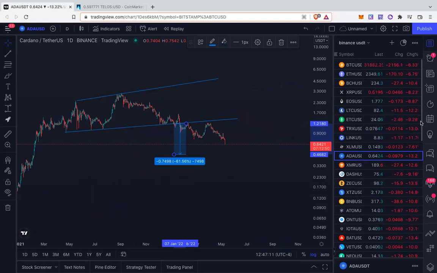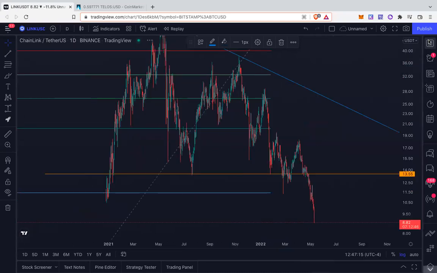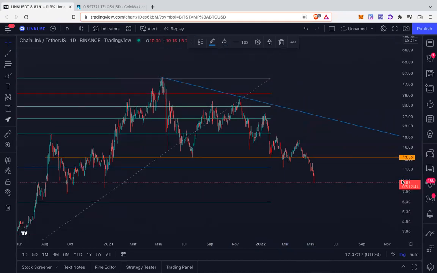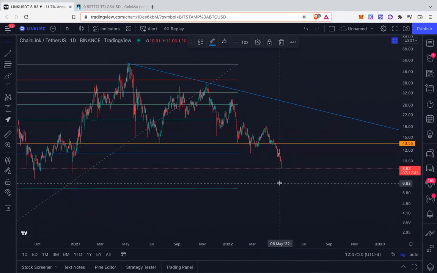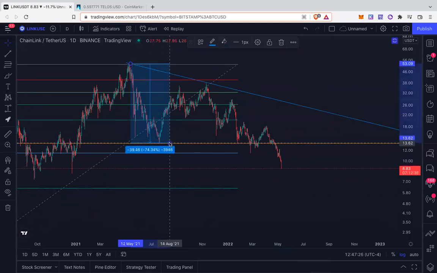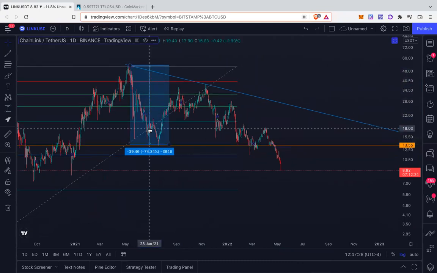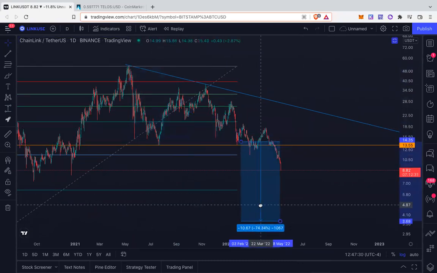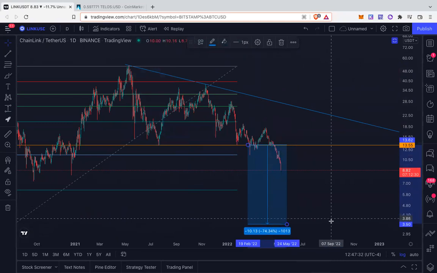I can look really at all these charts. I'm just looking at the main ones I've been looking at for a minute. Link, I got going to like $3. Yeah, like a descending triangle. Measure move, so 75% dump. Yeah, 344.